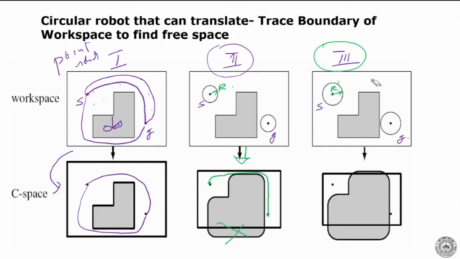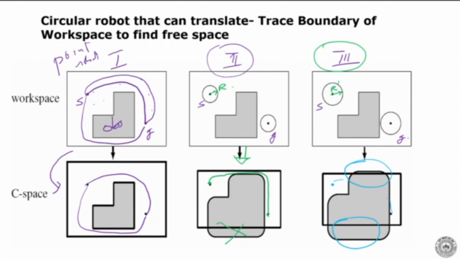But for a program which doesn't have eyes, what we basically do is we convert the robot to a point. That means shrink it by R, and expand the shape of the obstacle. And if we expand the shape of the obstacle, what we see is that it covers the boundary here. It is also covering the boundary here, which basically means there is no path which will take it from here to there.